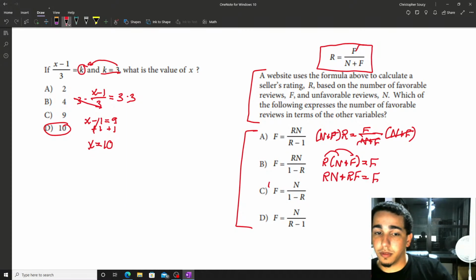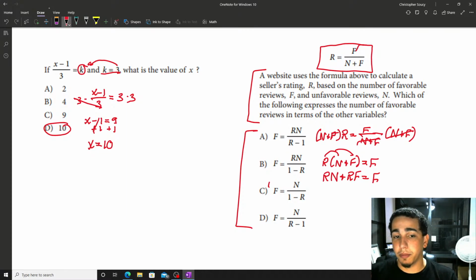equals f. Now, whenever we have a variable that we're trying to get by itself that shows up on both sides, what we have to do is put all of those terms to one side. So everything that has an f should be on one side of the equal sign together, and everything else should be on the other side.